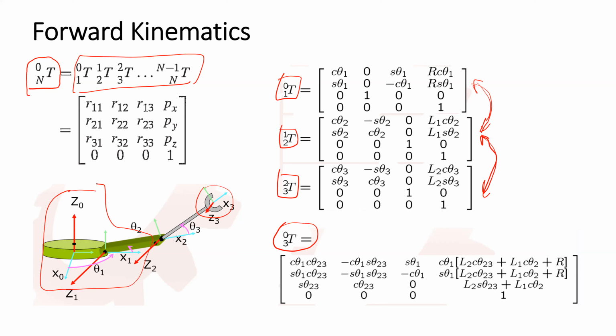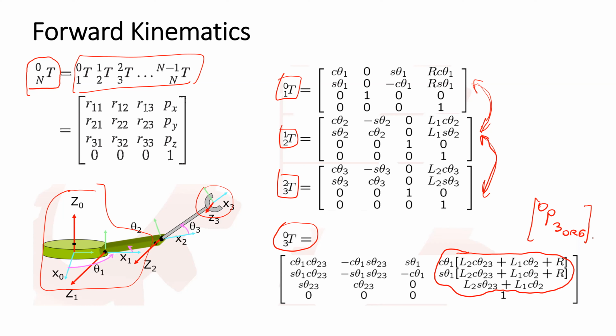What is the meaning of relating frame T to frame 0? This vector will be the position of the frame T origin with respect to frame 0.